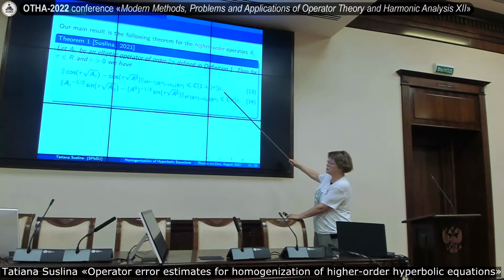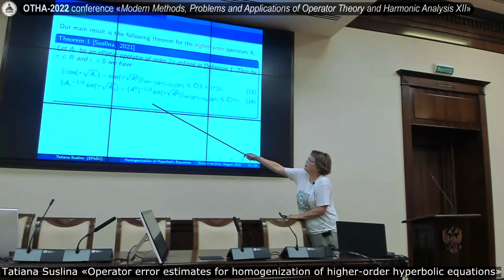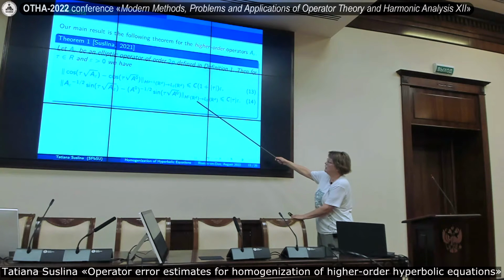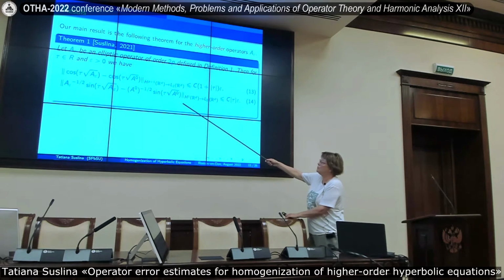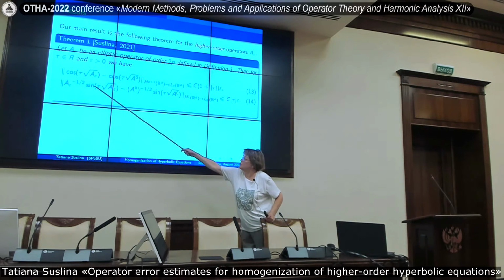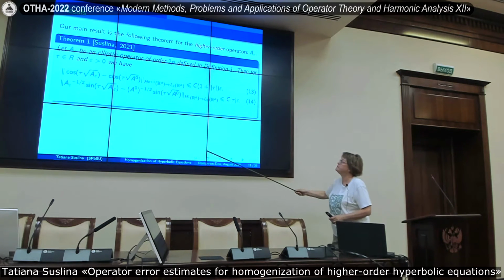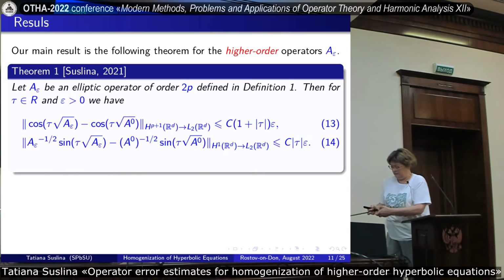Then we obtained a sharp order estimate, the first power of epsilon. For this operator function, the norm is from H1 to L2. So the type of the norm doesn't depend on p. This is because we have this A epsilon to the minus 1/2 in front of the operator sine.